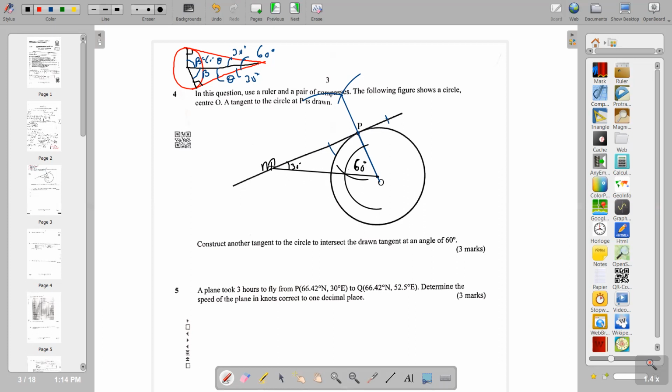Or you come here and construct 60 degrees at this point so that now you get the other tangent. So let me construct 60 degrees at this point. You take your compass to put that arc.